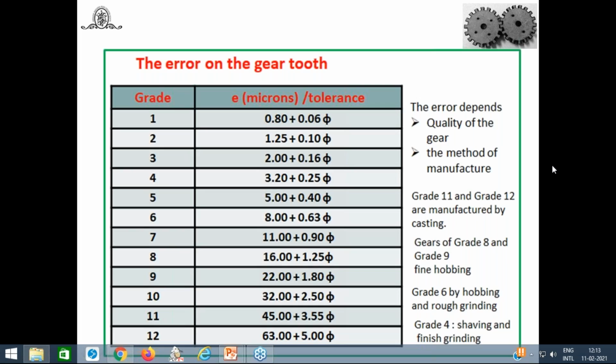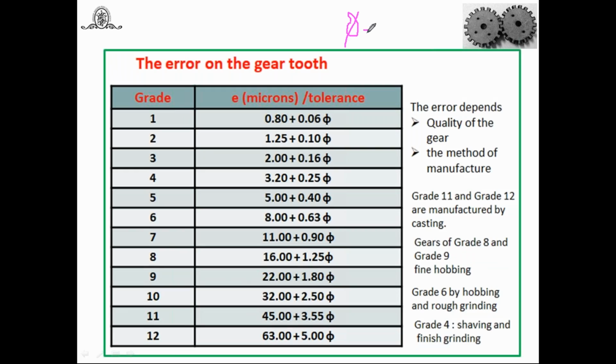Look at this. Once you know pi by using the earlier equation, pi p for the pinion or pi g for the gear, different grades of gears are given based on the manufacturing methods.